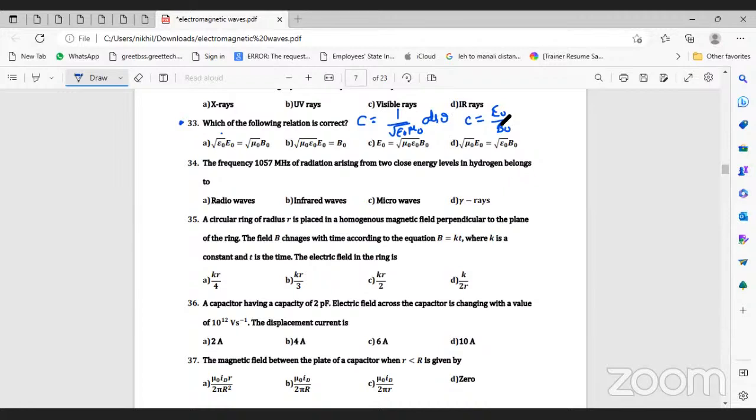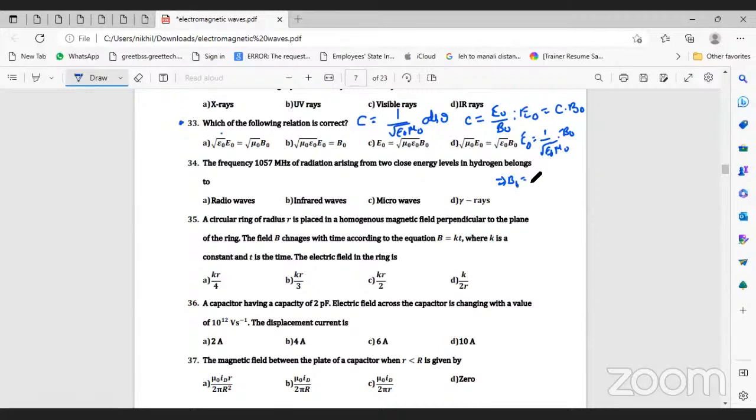So you can do the cross multiplication, right? E naught is equal to C times B naught. What is C? 1 divided by root epsilon naught into mu naught, into B naught. So C is nothing but 1 divided by root epsilon naught into mu naught. Do the cross multiplication.